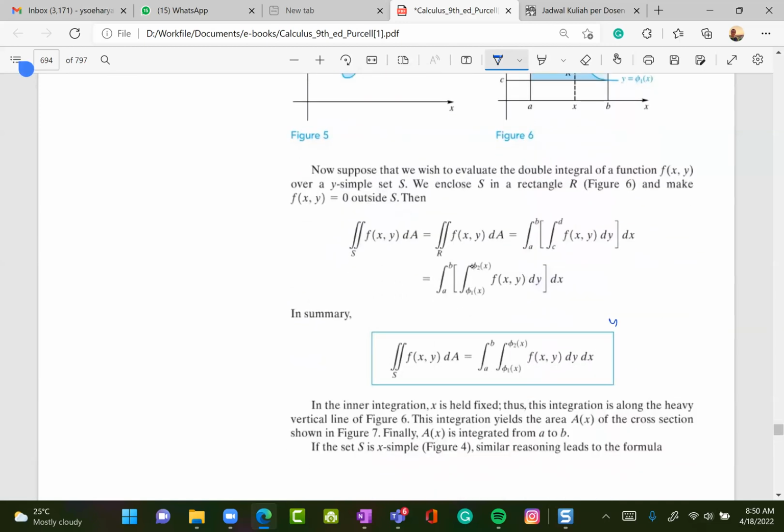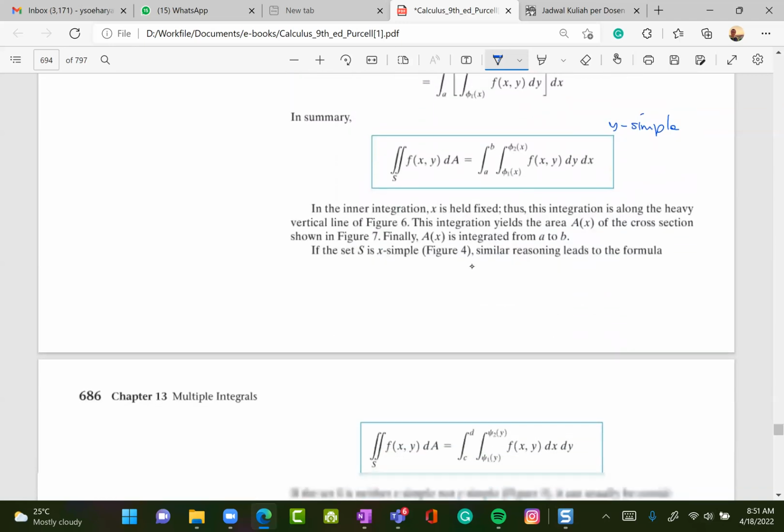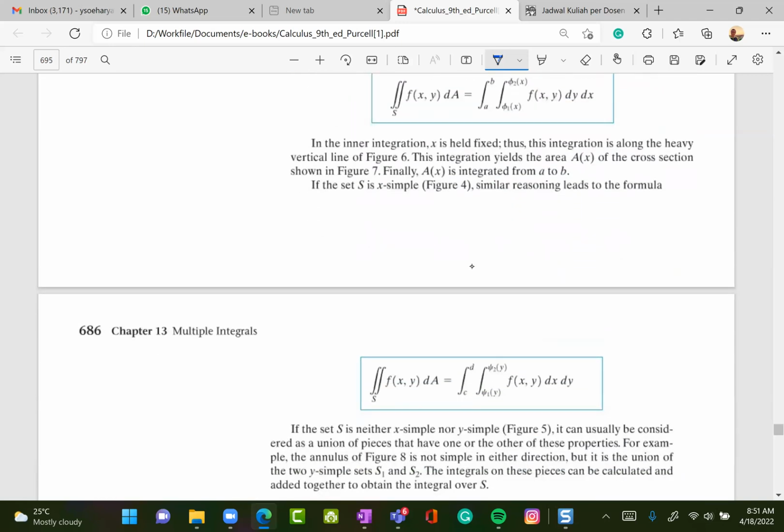For y simple, this becomes this one here, with respect to y bounded by phi1 and phi2, and x bounded by a and b. So this is how you get it.